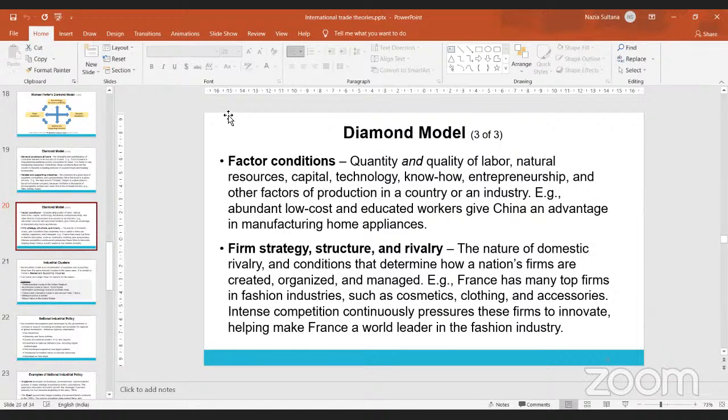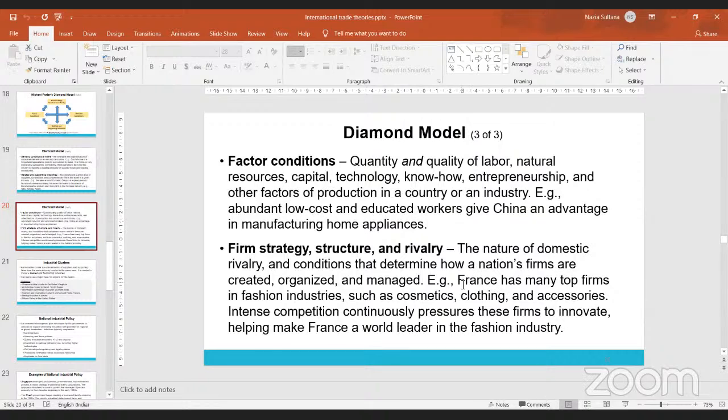Rivalry here is not to do with war or fighting. It is to do with business rivalry, competitiveness, how one business competes with another, and that's how they become rivals. So what determines how firms are created, organized, and managed?